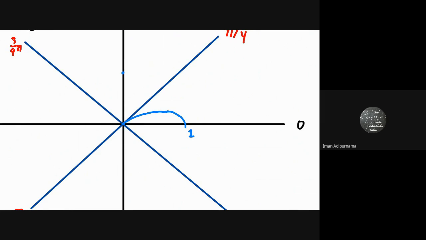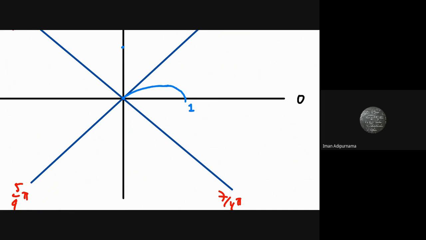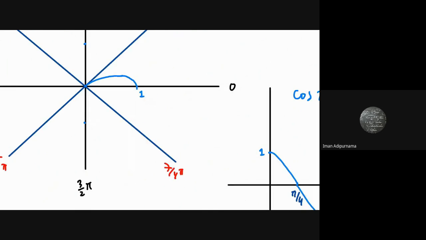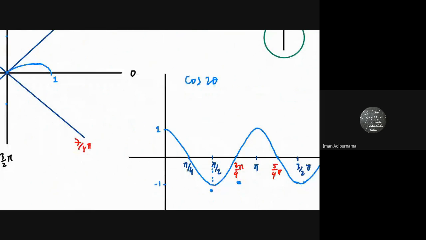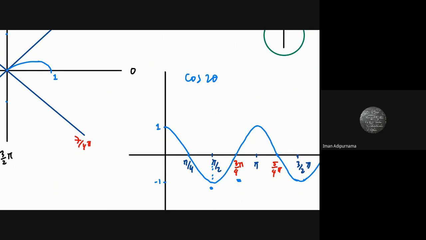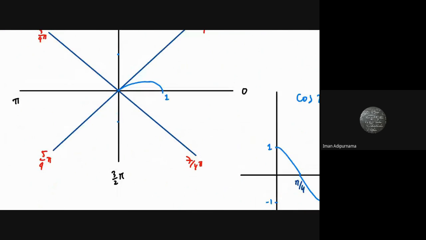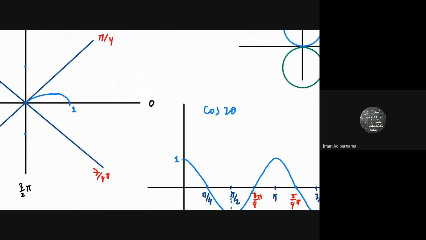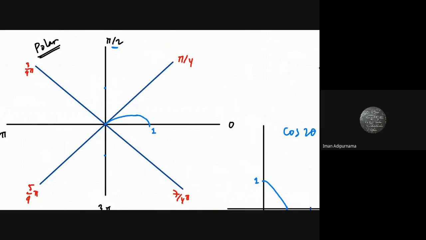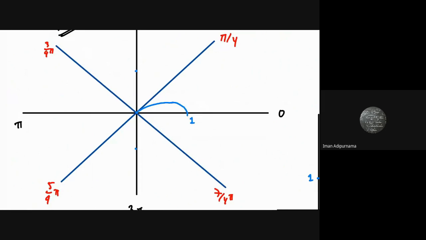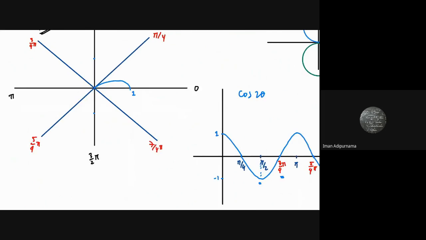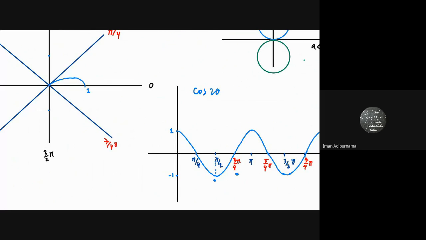If this is the positive r, the negative one is going to be the backside of the curve, so it should be here. So if we increase from pi over 2 to 3 over 4, we will have continuations of the curves. That is, at 3 over 4 it is 0.